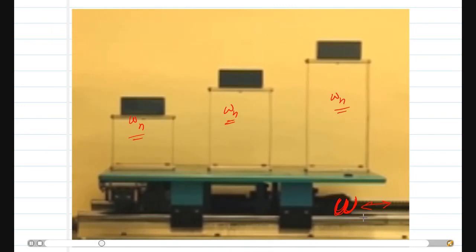As you increase omega, because this mass has a greater length, its stiffness is slightly smaller, so its natural frequency is slightly smaller. So this mass will resonate first, and you can see it by the vibrations, because these three masses are installed on the same table.